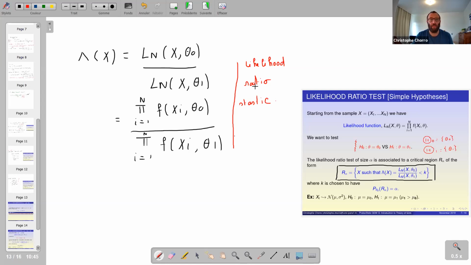And in fact I am interested in the points where this statistic is less than small k, and I have here my critical region.